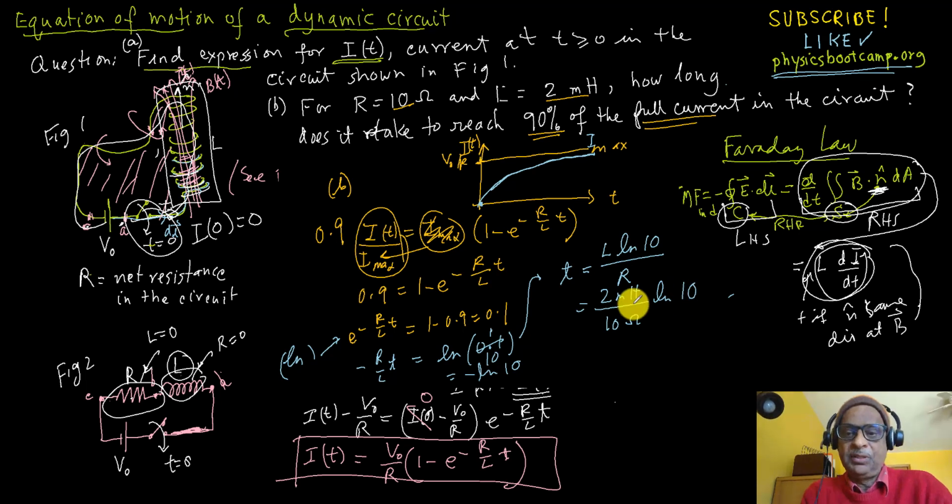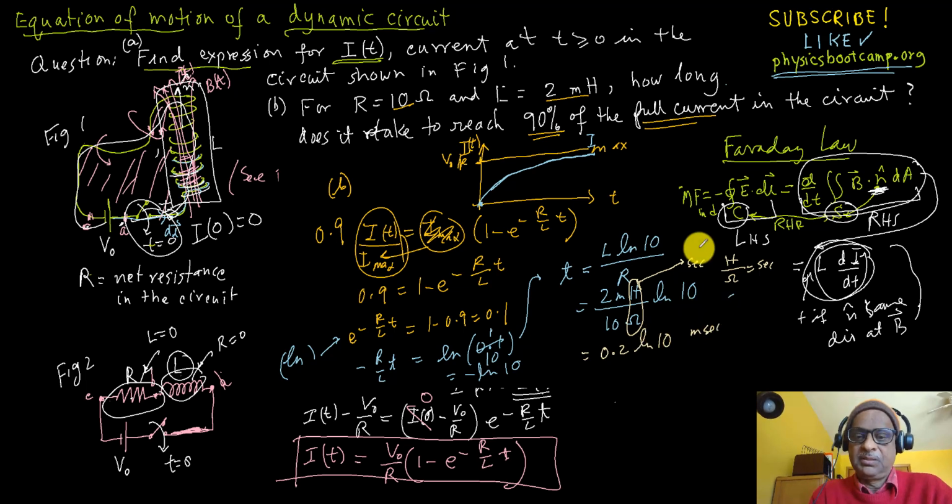You can see that henry over ohm is seconds, just from the units. Now milli will make it milliseconds. So this is 0.2 log 10 milliseconds. So let me just calculate that.